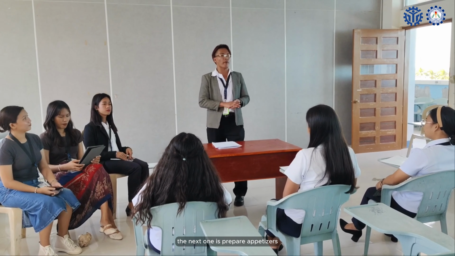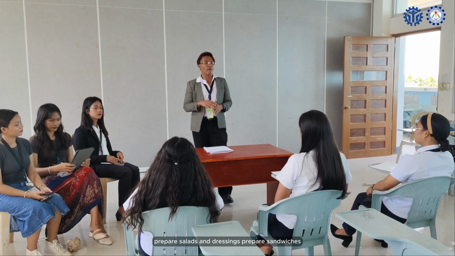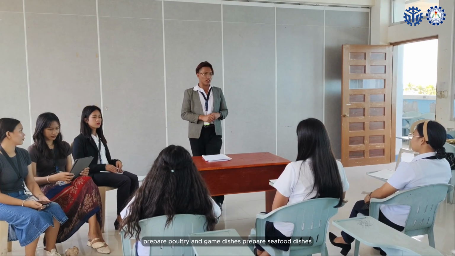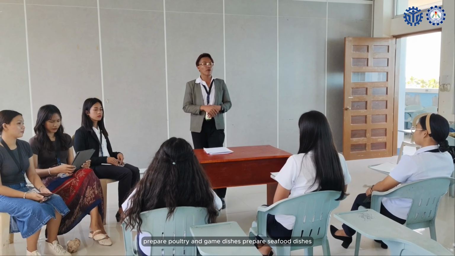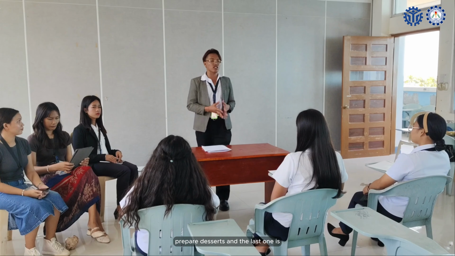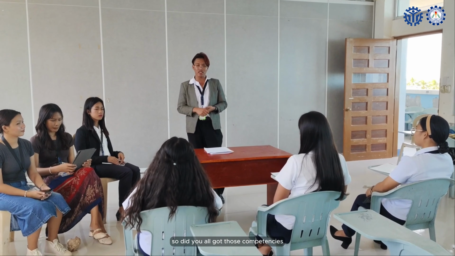The next ones are prepare appetizers, prepare salads and dressings, prepare sandwiches, prepare meat dishes, prepare vegetable dishes, prepare egg dishes, prepare starch dishes, prepare poultry and game dishes, prepare seafood dishes, prepare desserts, and the last one is package prepared food. Did you all get those competencies?